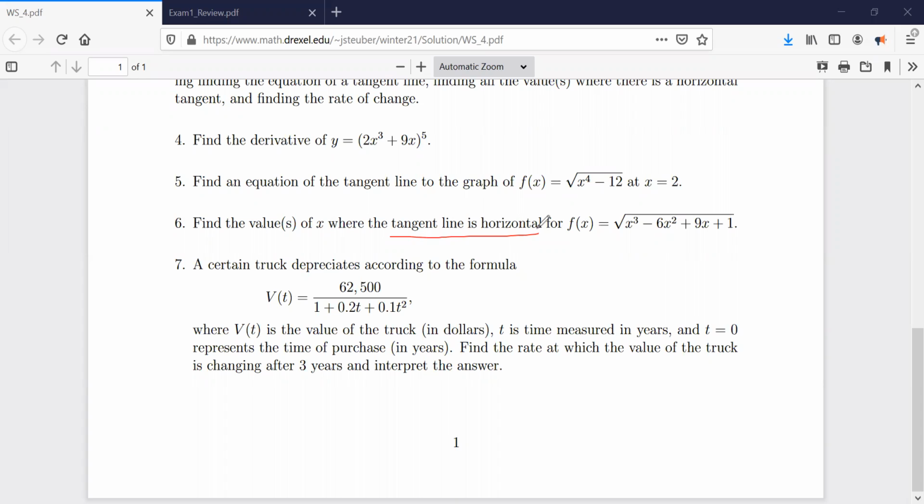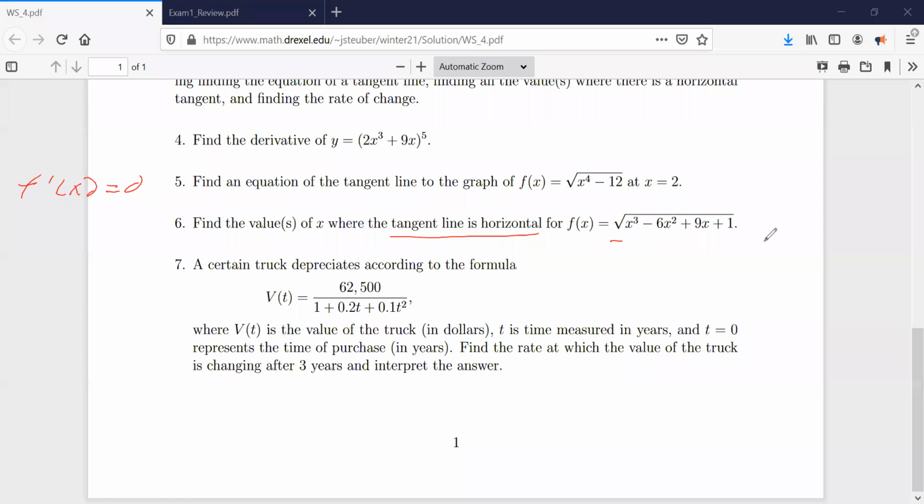What is the slope of a horizontal line? 0. Exactly. So that means that if the slope is 0, the derivative is 0, right? So we just want to find the x's such that f prime of x is equal to 0. That's what this question is asking us to do.